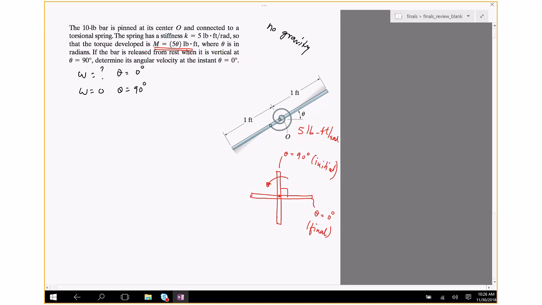So no gravity, or gravity does not affect the problem. The solution will be independent of whether there is gravity or not. So there's a spring and there is no gravity.